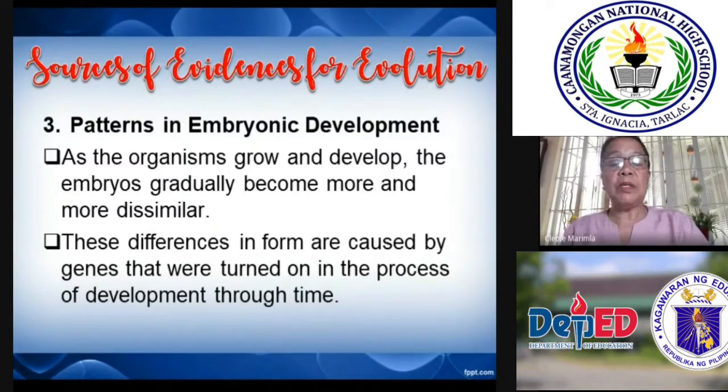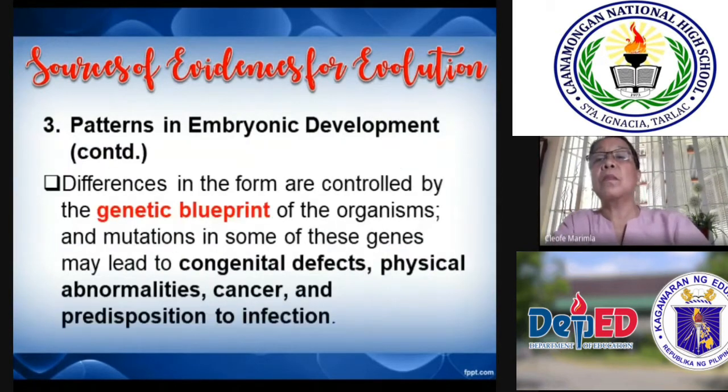An embryo is an early stage of development in organisms. Embryonic development includes different stages. Differences in form are controlled by the genetic blueprint of the organisms, and mutations in some of these genes may lead to congenital defects, physical abnormalities, cancer, and predisposition to infection.